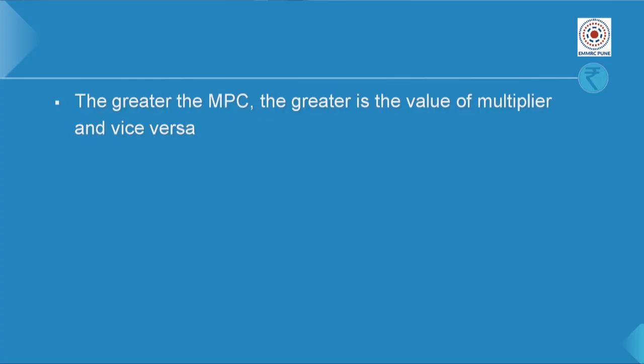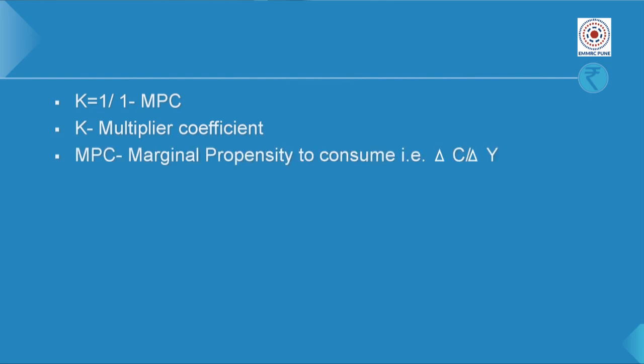The greater the MPC, the greater is the value of the multiplier and vice versa. Thus, it can be said that K is equal to 1 upon (1 minus MPC). Here K is the multiplier coefficient. MPC is marginal propensity to consume, that is, MPC is ΔC upon ΔY.